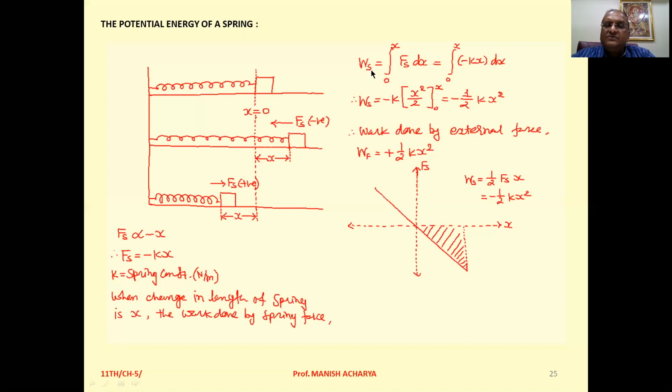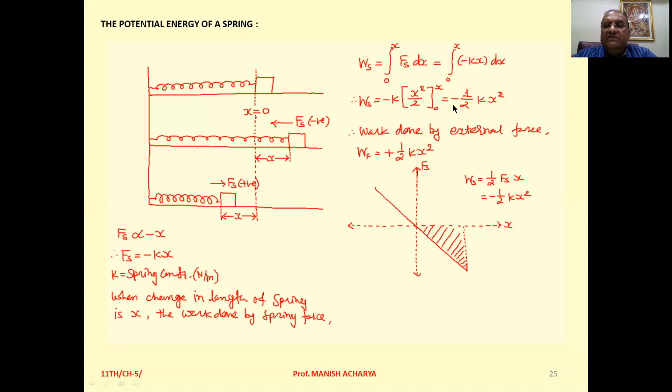So work done by spring force, we can write as integration of spring force Fs dx, with limits 0 to x. Limit 0 because initially spring is in normal condition, and then its length is changed by x. Now Fs equal to minus kx. k is constant, so we can write Ws equal to minus k, and integration of x is x square by 2, with limits 0 to x.